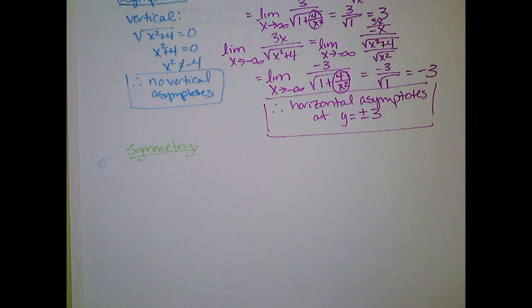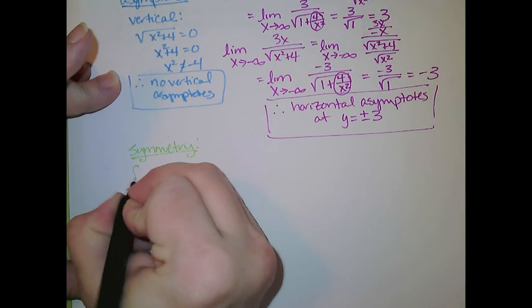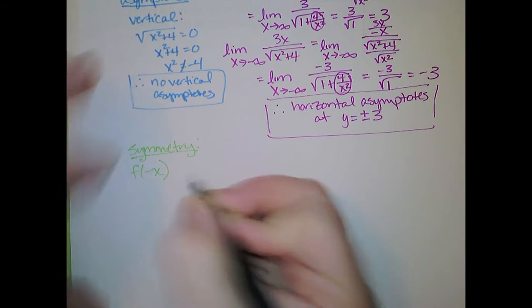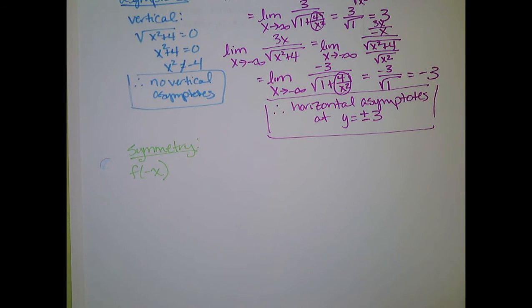What we want to know is, does it have y-axis symmetry or origin symmetry. Both of those we can determine by looking at f of negative x. If we plug in negative x and get positive f of x, it has y-axis symmetry. And if we get negative f of x, it has origin symmetry. If we don't get either of those things, then it doesn't have either type of symmetry.